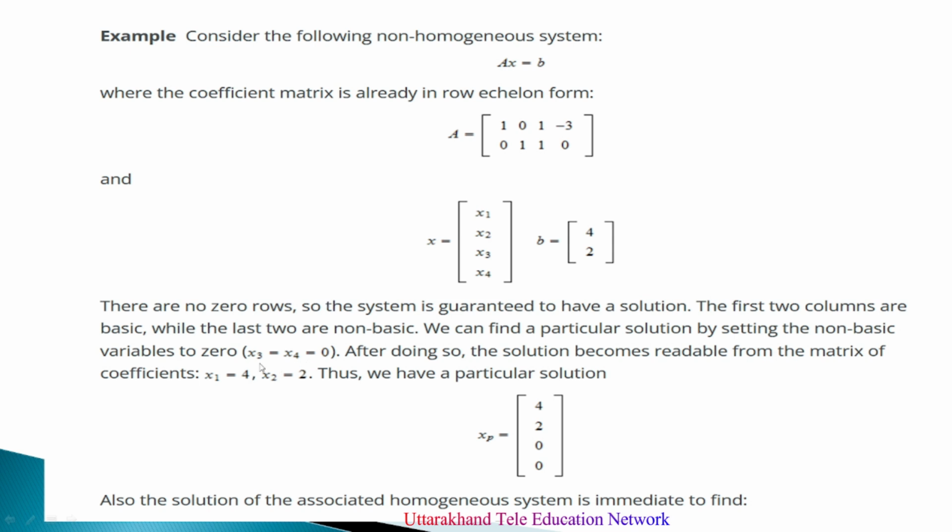We are putting x3 and x4 both equal to 0, so we will get some insight about x1 and x2, and after doing so the solution becomes readable.